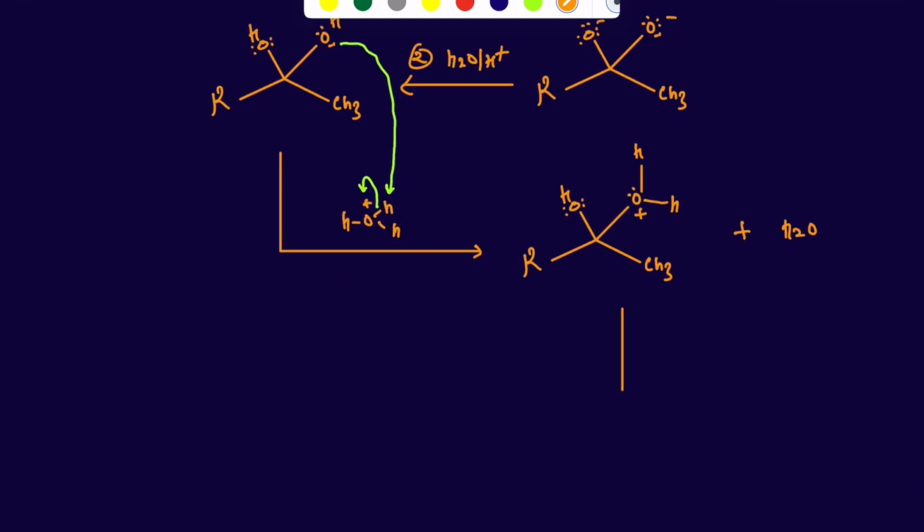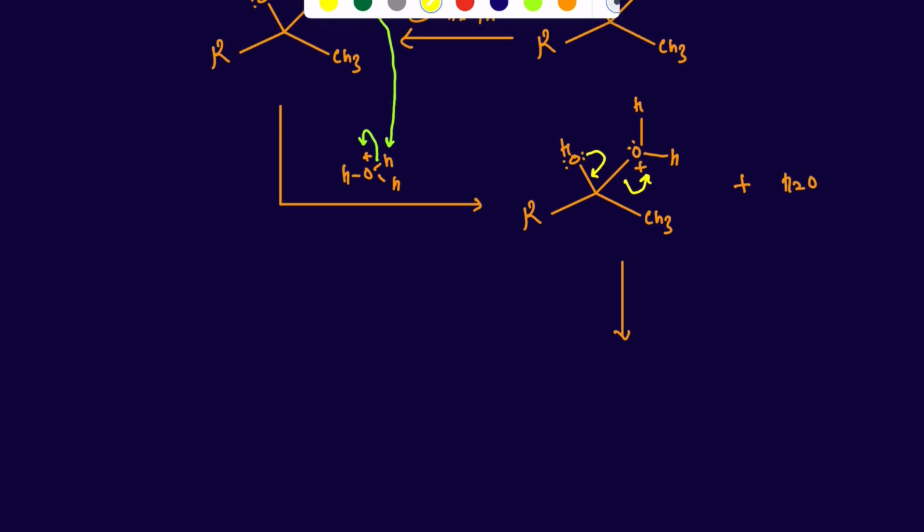And now I can go ahead and get rid of this water because that's a good leaving group. Just got to reform that pi bond here to knock the water out. So it knocks out the water and I get R and a CH3 here.